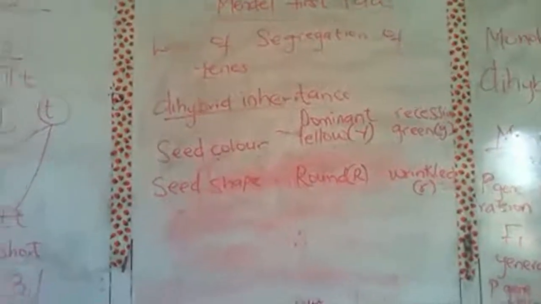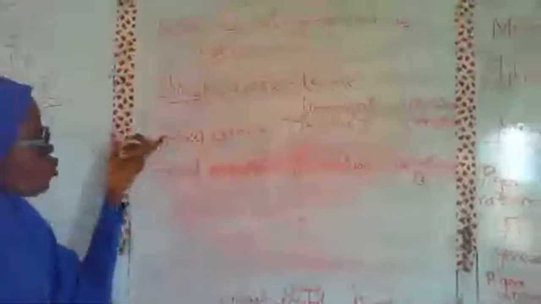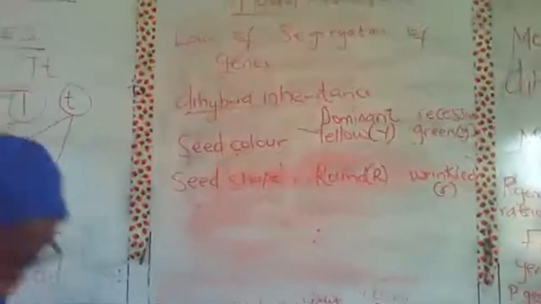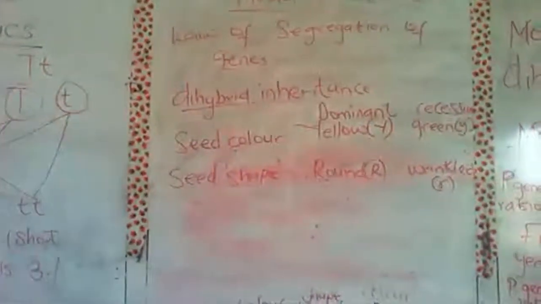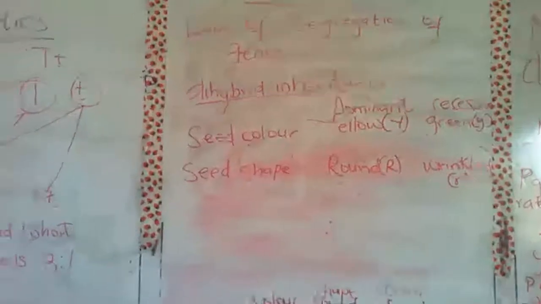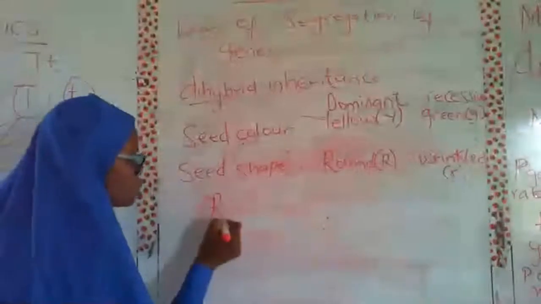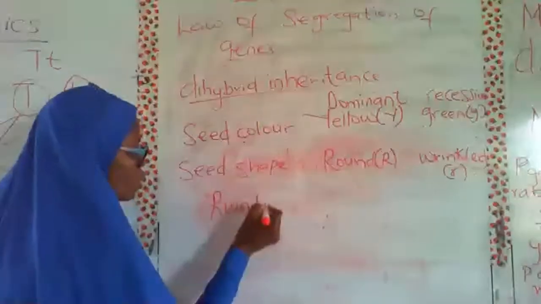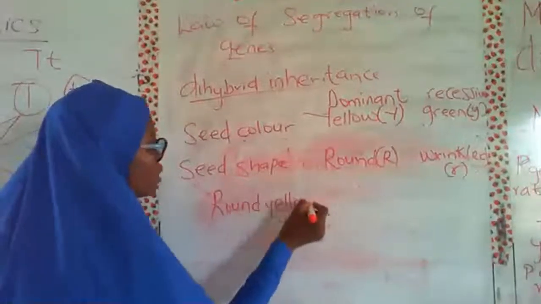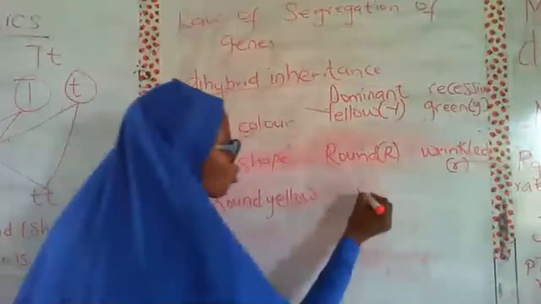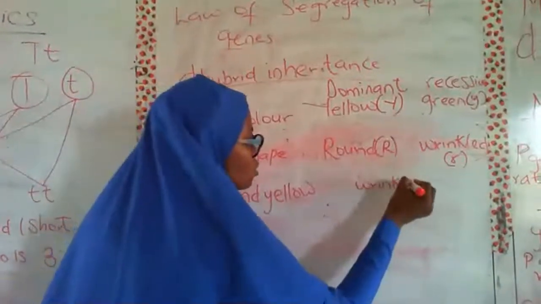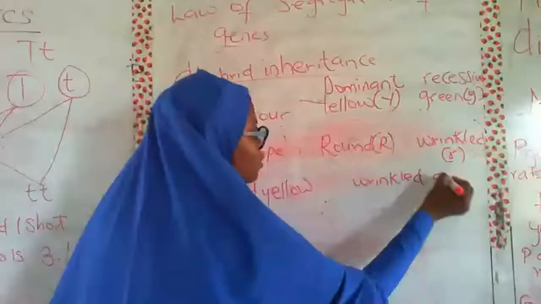Now, I said it makes use of pure breeding plants. So during the first crossing, you crossed the seed shape and the seed color. Round yellow, then wrinkled green.